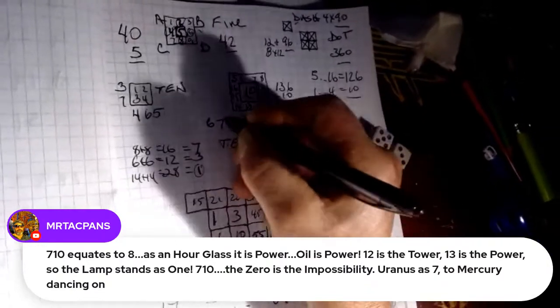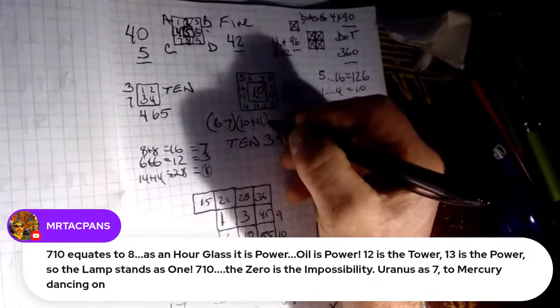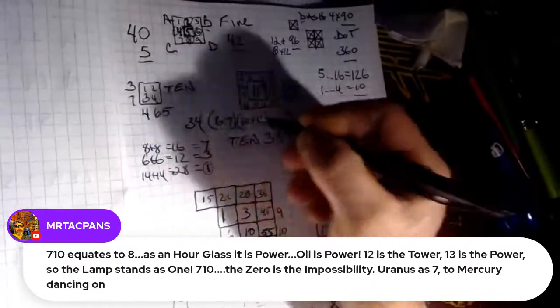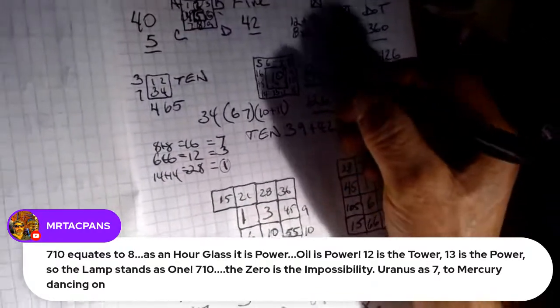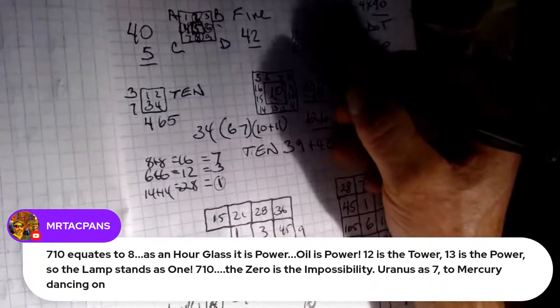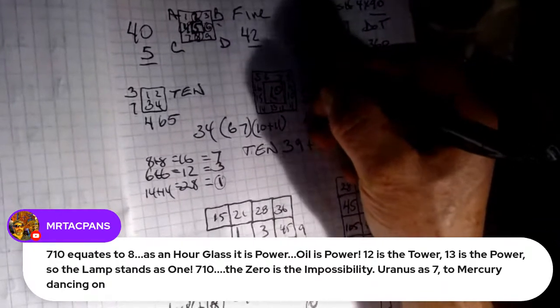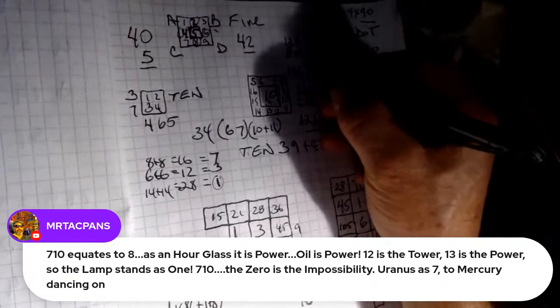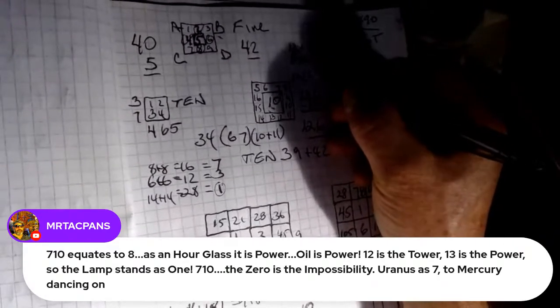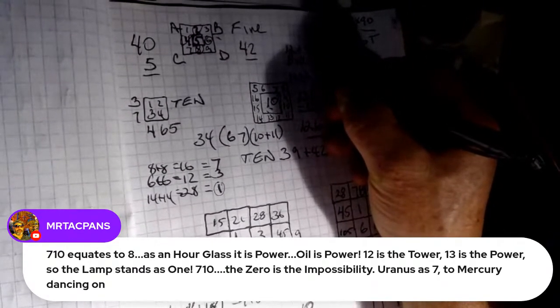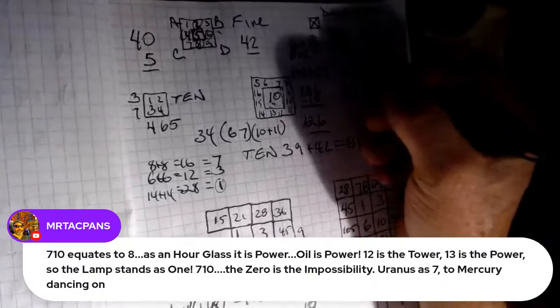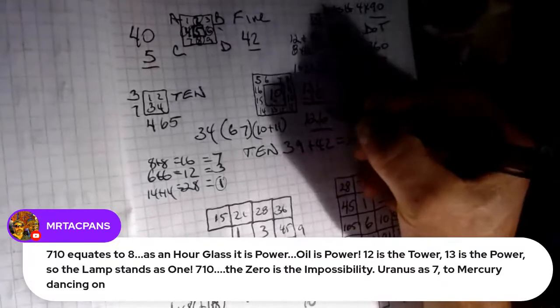That's what I would have gotten. 21 and 13 equals 34. So instead of me having 136 over here, I would have 102 and 34 equals 136 instead of this.